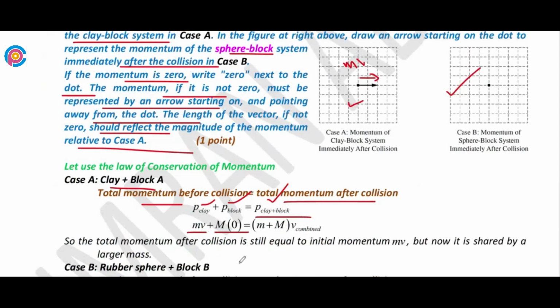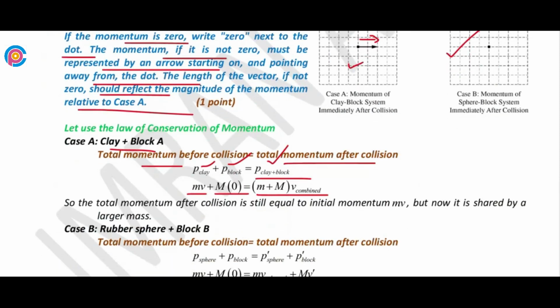Because the block is at rest, it has no momentum. After that, they stick together with a combined mass. So the total combined momentum is still equal to mv. We can say that the total momentum is mv.